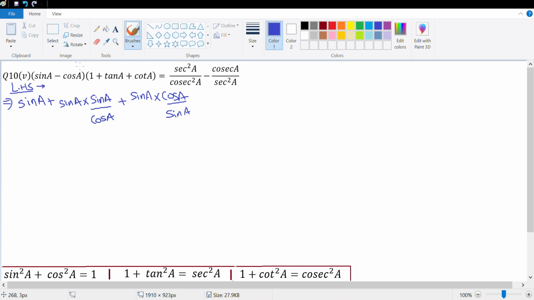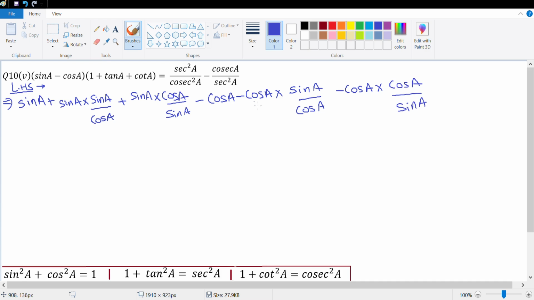And then next is cos A multiplied with this. So minus cos A into 1, minus cos A into tan A, which means sin A upon cos A, minus cos A into cot A, which means into cos A upon sin A.